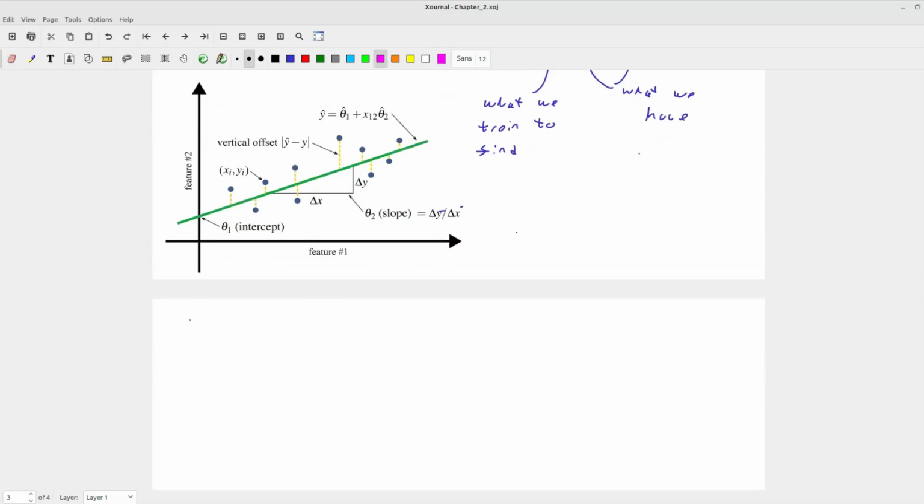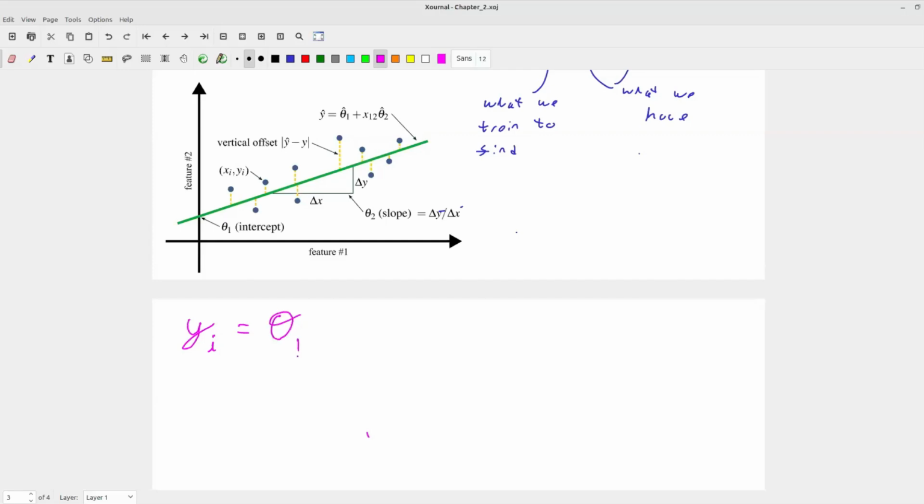So we have y of i. I want my y value. That's what I actually have. That's my data for a particular instance. So in this case, we have a house, right? Does that make sense? We have one house. We want to find the price of Austin's house in Ames, Iowa. So it equals theta 1.